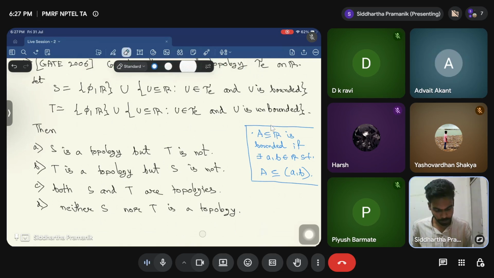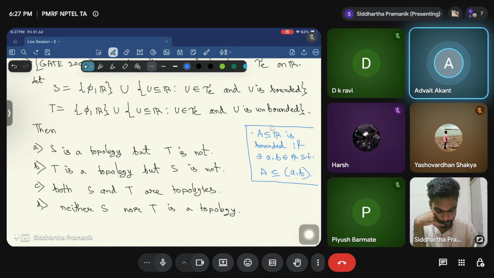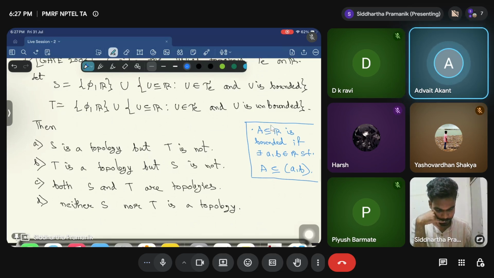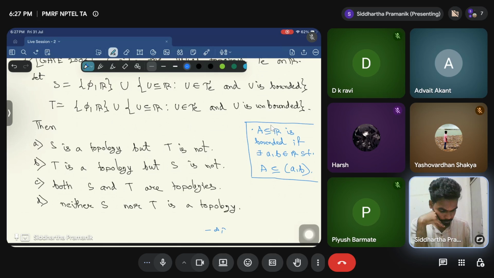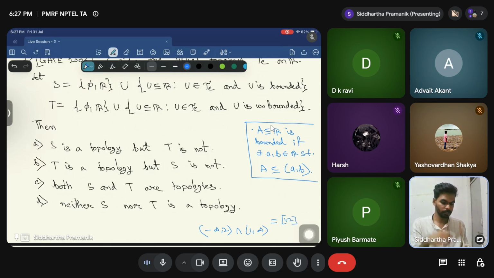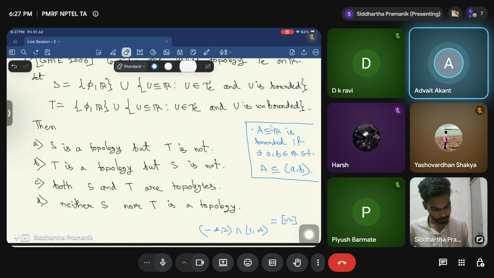Yeah, so go ahead for the second one. For the second one, we can take the intersection of (minus infinity, 2) and (1, infinity), open. So this will be the interval from 1 to 2, and this is not in tau E. Sir, it will be open (1, 2), I think.